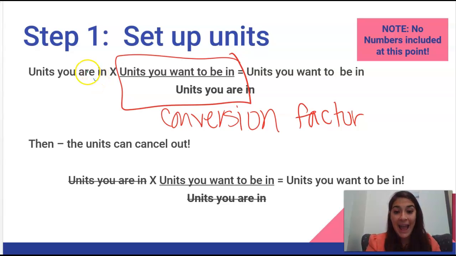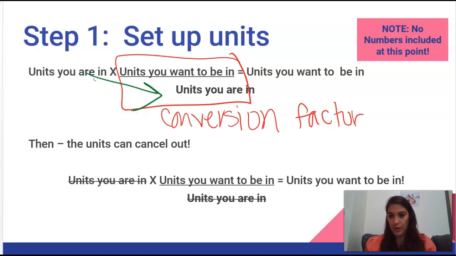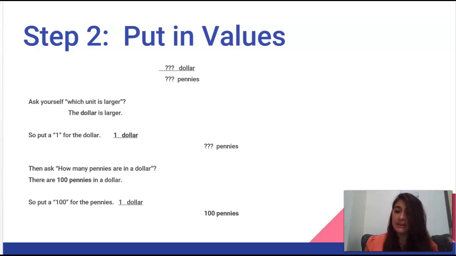And then again, diagonally, that's where you are seeing those units cancel, okay? After you get your units plugged in, then you actually are going to plug in your numbers. I think it is super helpful. Some of these train tracks can get really long, so think through your units first and then go back and plug those numbers in.